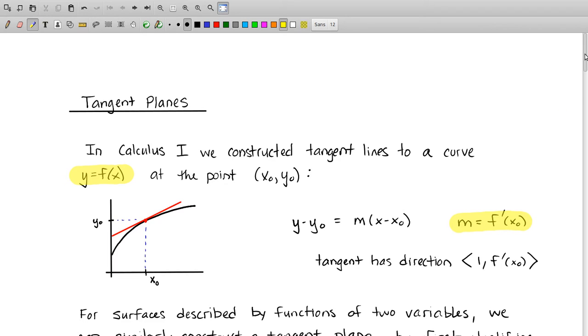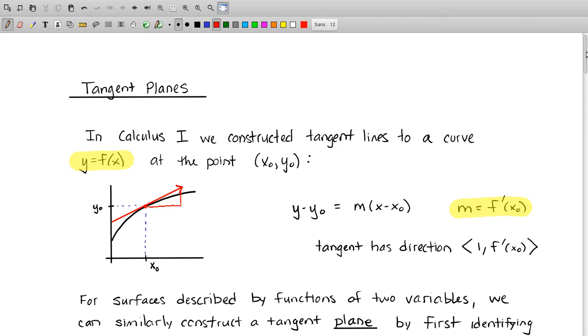For what we're about to do in a moment, I just want to point out that if you had to create a vector that had the same direction as this line, you could say, if I go over 1, then I would go up an amount equal to the slope. That's the definition of the slope. So the vector 1 comma slope, or 1 comma f prime of x, would give you a vector version of that tangent line, which is what we'll need in the following example for 2 dimensions.